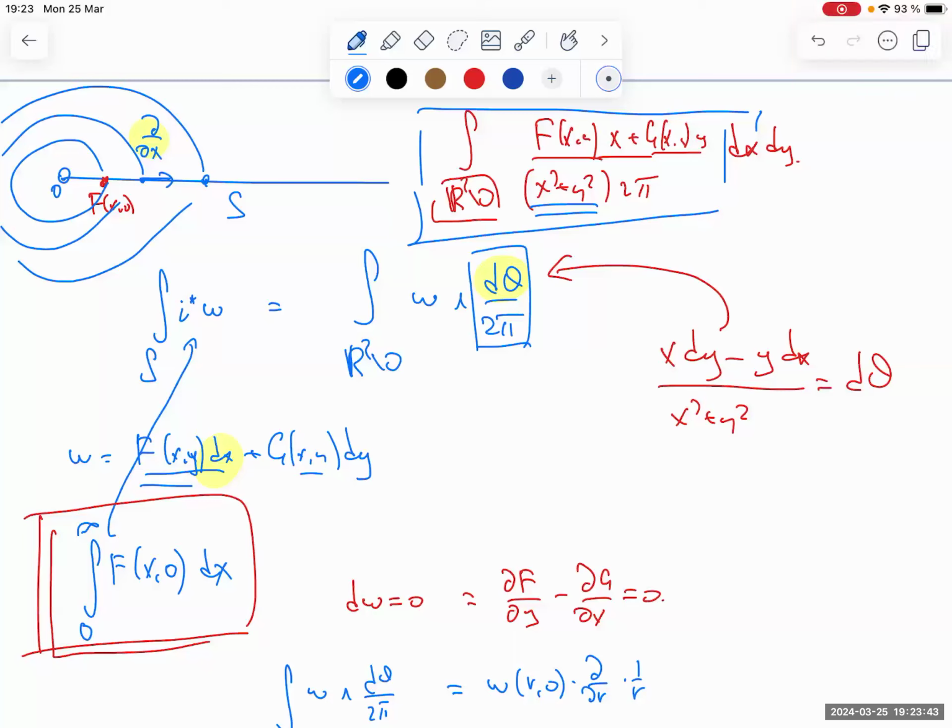So we can rewrite this integral with polar coordinates, remembering that the Jacobian of polar coordinates on the plane is just r.